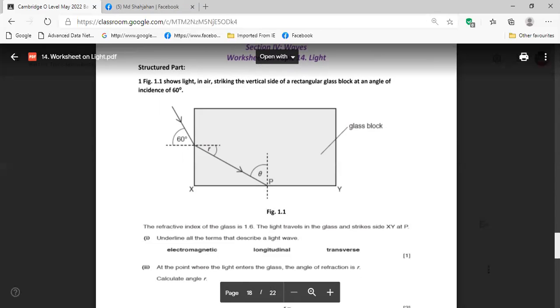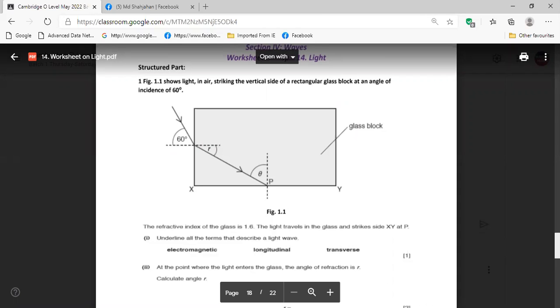Farabi, you know it, right? Yes, sir. Light wave is a transverse wave, and light wave is an electromagnetic wave, both. Light wave is an electromagnetic wave, and light wave is also a transverse wave. Is it clear?